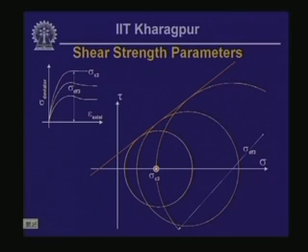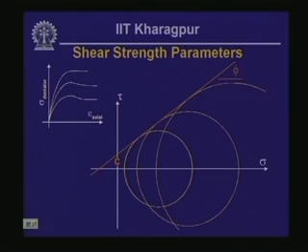If you conduct a series of triaxial tests and construct the Mohr circles at failure, then more often than not you can connect them with a common tangent, as shown by the orange line plotted on the tau sigma space on the screen.